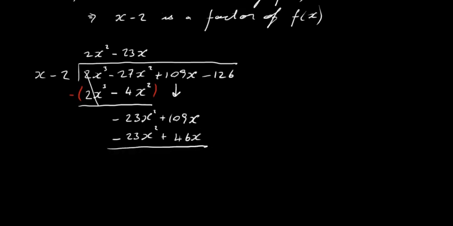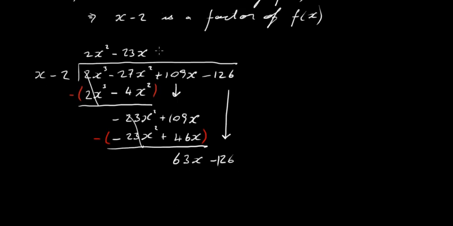Line under here, and again we're just going to subtract. Okay, so again this will give us 0. Minus times plus is minus, so this is a minus 46x plus 109. That will give us 63x. Take the minus 126, bring that down, and start again.